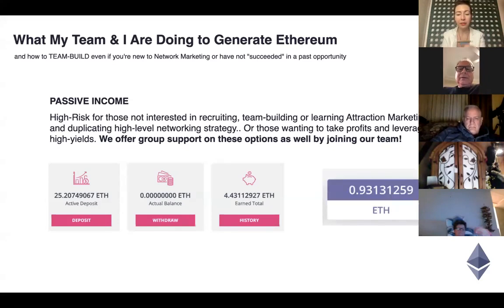This was my account in the other program. I made 0.93131259 ETH in just, I think, 3 or 4 days with the amount of ETH that I had in there. I was able to withdraw that amount, almost 1 Ethereum, immediately. So it is something you can take out, or you can reinvest if you want to.